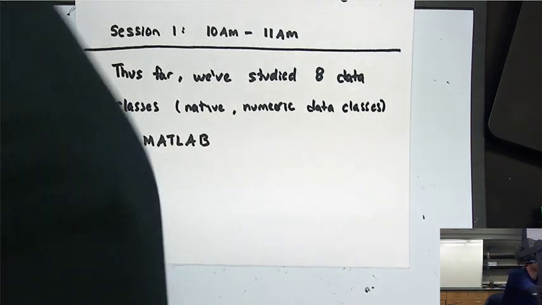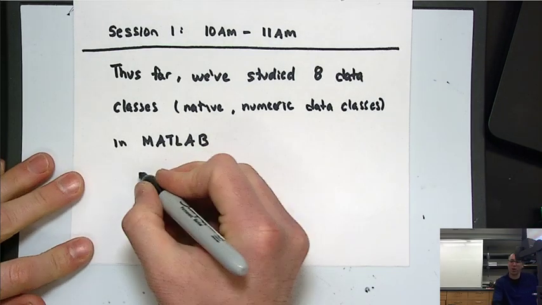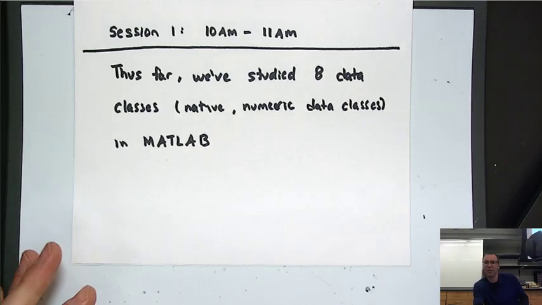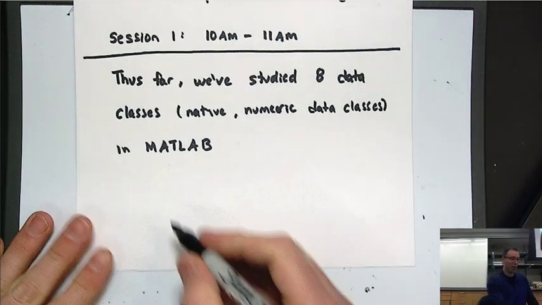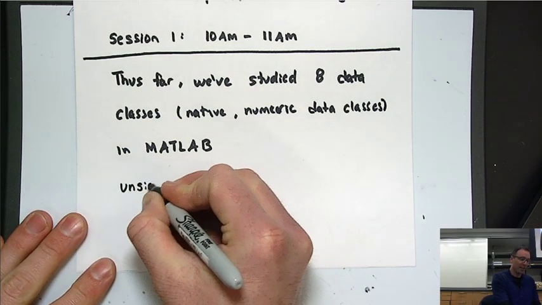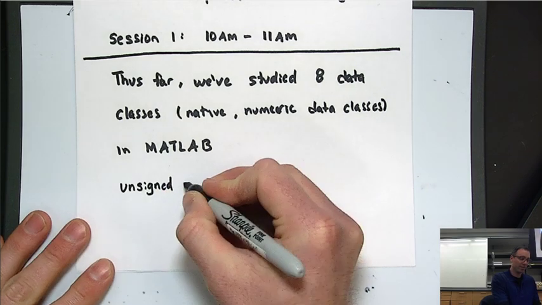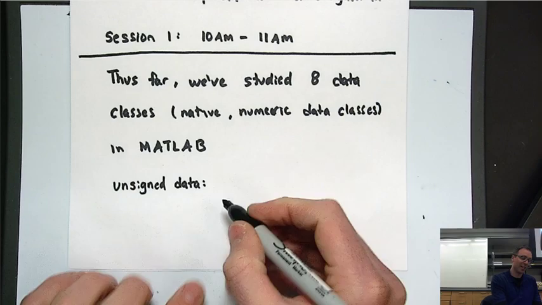We had what we called unsigned data. What's the mathematical representation for unsigned?